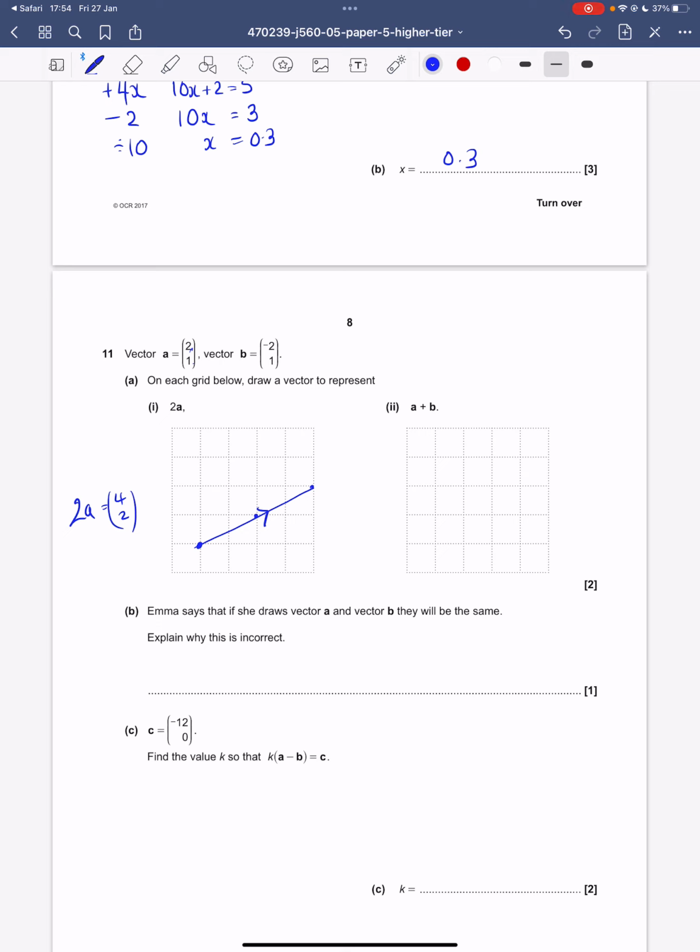A plus B. So you can either say it's 2 across and 1 up for A, and then minus 2 and 1 up for B. Oh, I did that the wrong way around, sorry. So there's the A. This one is 2A. 2 across, 1 up for A. Minus 2 and then 1 up for B. There we are.